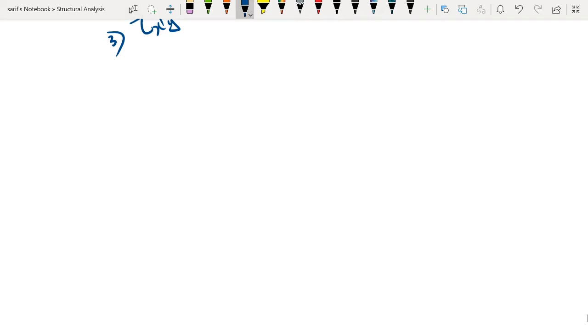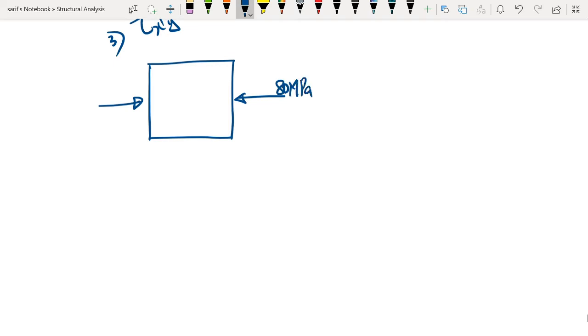The question we have to solve is, the state of stress inside a point is given as this is 80 megapascal, this is 50 megapascal, and we have shear stress 25 megapascal.